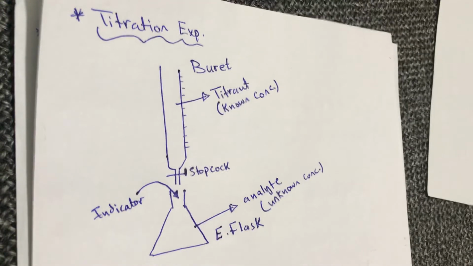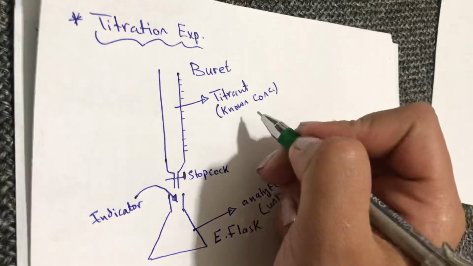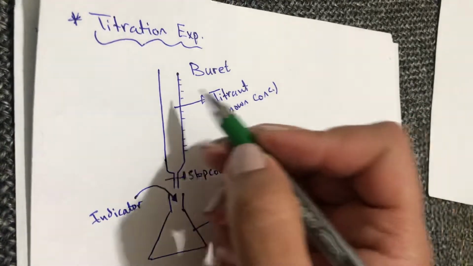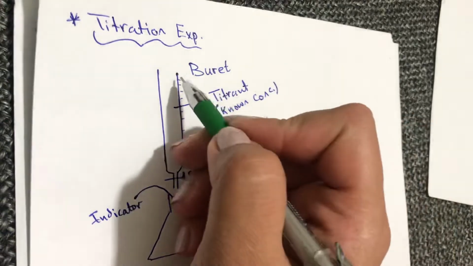For example, if you have a known concentration of sodium hydroxide, you put sodium hydroxide in the burette.